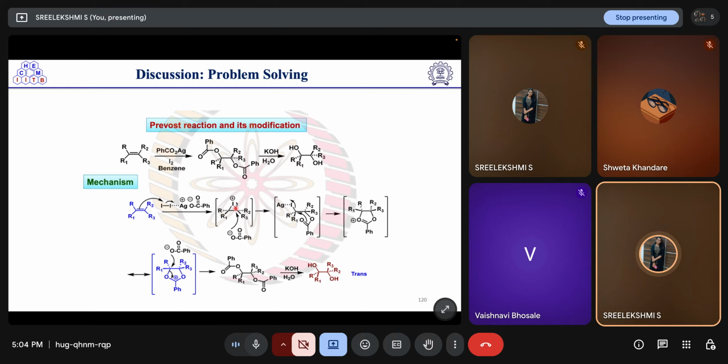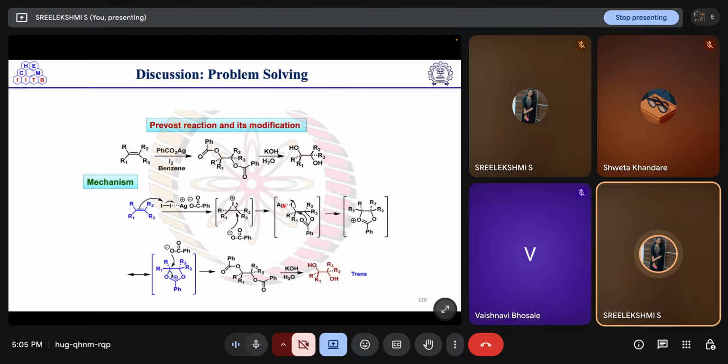Then this iodonium ion will be opened by the negative charge of the benzoate. This negative charge will attack one carbon, and this bond will open, which will result in this intermediate. In one position we will be getting the benzoate, and in the other position we will be getting iodine, which will be coordinated with the silver.